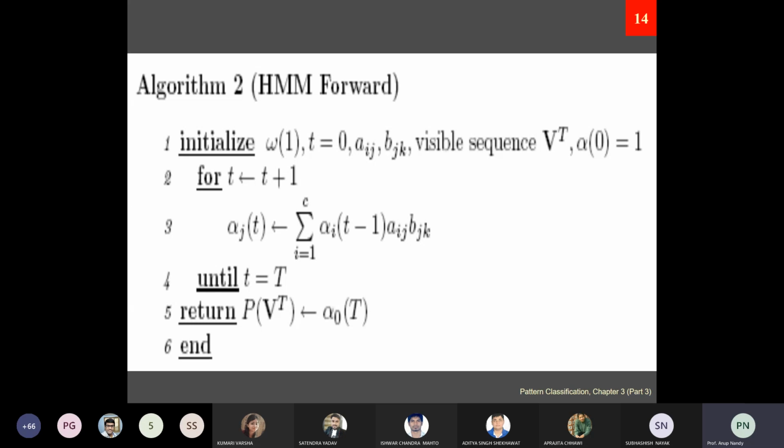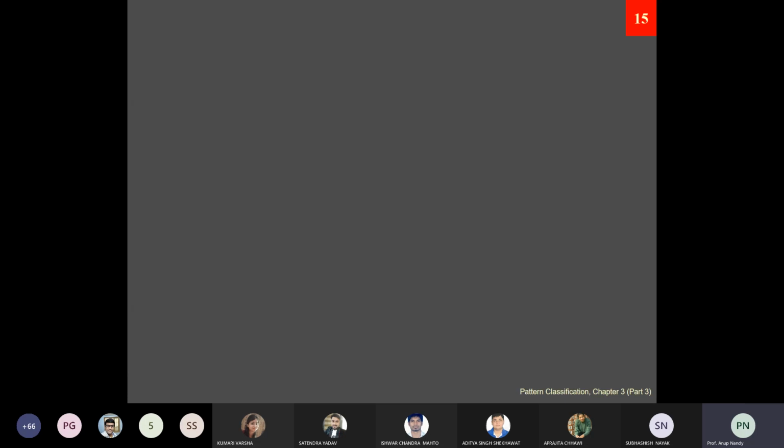So for the forward algorithm, t is equal to 0, a_ij and b_jk, the visible sequence V^T, alpha 0 is equal to 1, then for t plus 1, you need to compute alpha j as the sum for i equal to 1 to c of alpha_i a_ij. That you have already seen, we have computed.